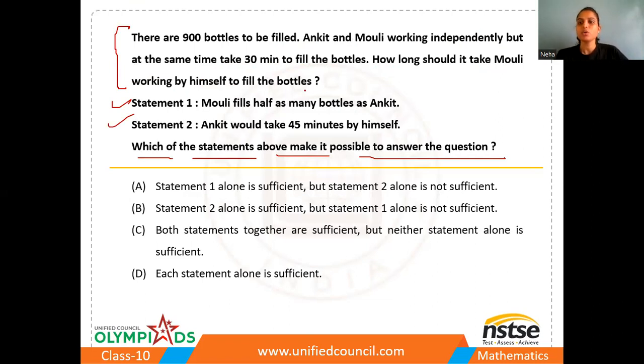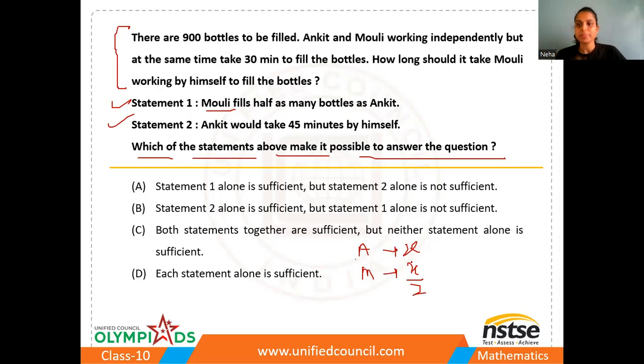Statement one: Molly fills half as many bottles as Ankit, and Ankit would take 45 minutes by himself. So if Ankit fills X bottles, then Molly fills X by 2 bottles, because he is taking only half of the time.